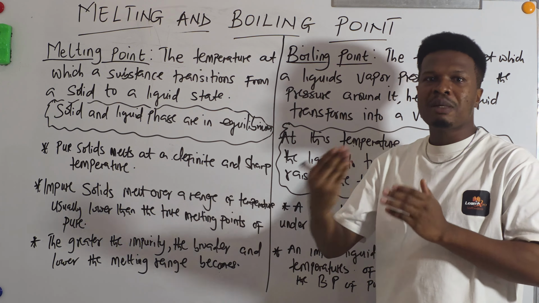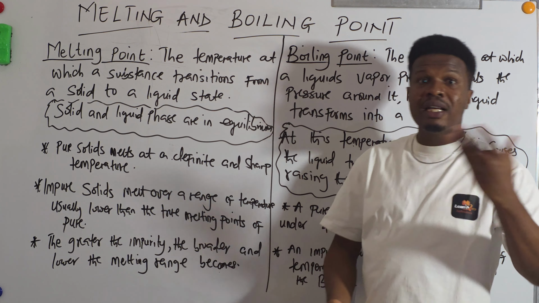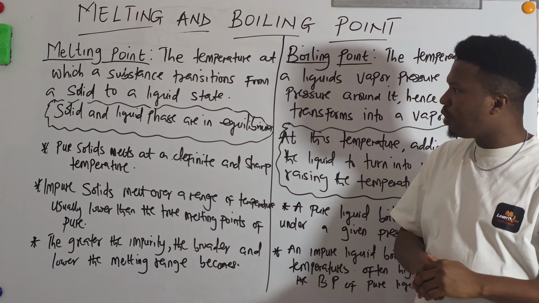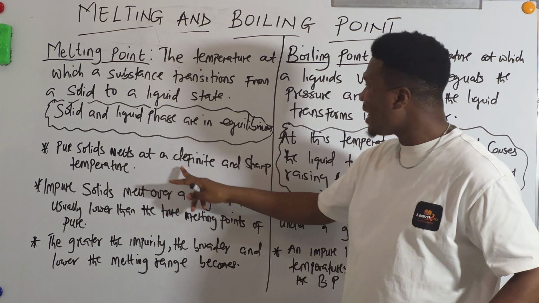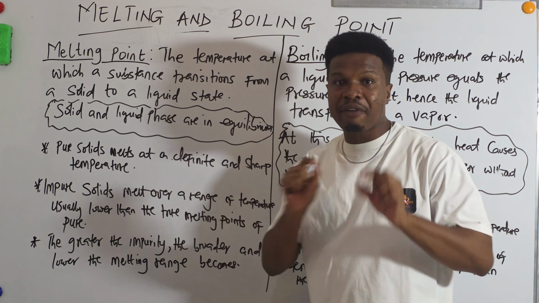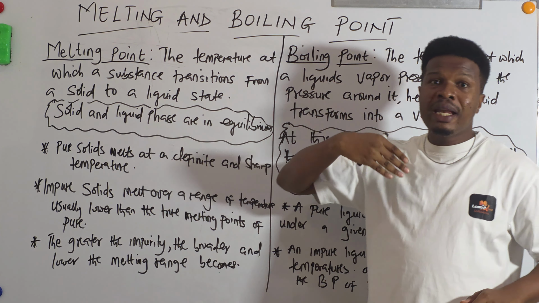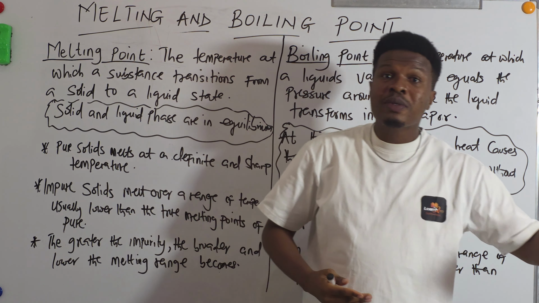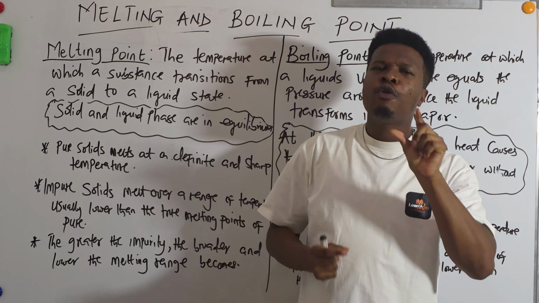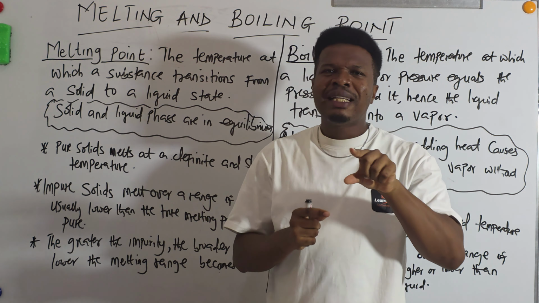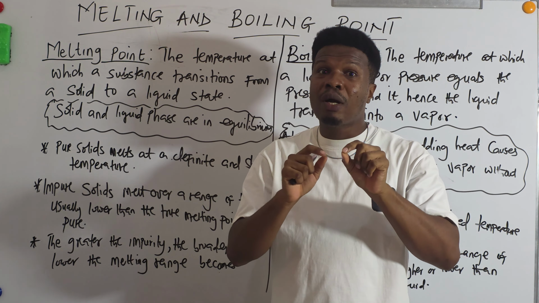What happens to the melting point of a pure and an impure substance? Does it increase? Does it decrease? We'll find out. Now look at this statement here. We say that pure solids melt at a definite and sharp temperature. I have told you this in the previous video, when I talked about pure and impure substances. For the fact that there is no impurity in a pure substance, its melting point and boiling point will be sharp.